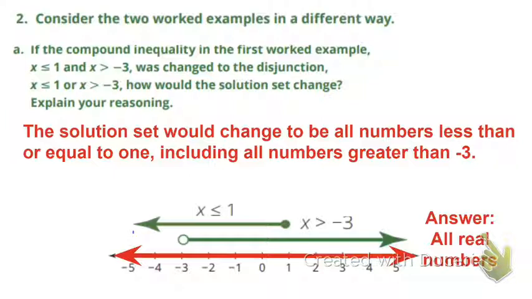That red number line that I have there, those are our answers. So the way we would explain it is that they are all real numbers, and we're going to visually graph them as a full line. So the solution set would change to be all numbers less than or equal to 1, including all of the numbers greater than -3, and that's any number imaginable. Okay?